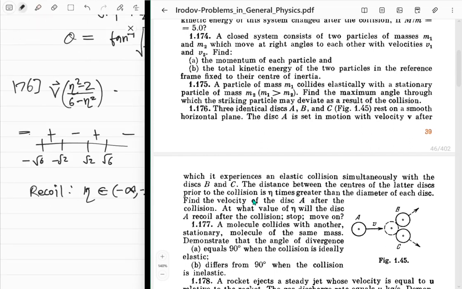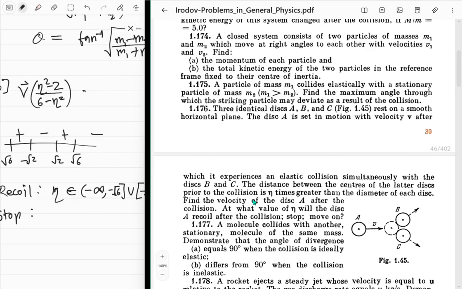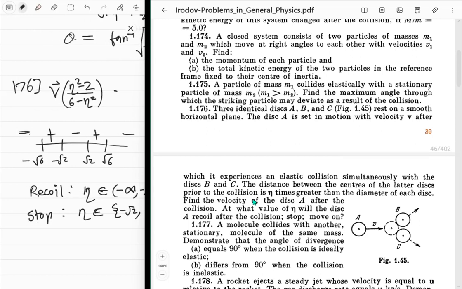Oh yeah, that should do it. And when it will stop, it stops at negative square root 2 and square root 2. So eta belongs to the set negative square root 2 and square root 2.